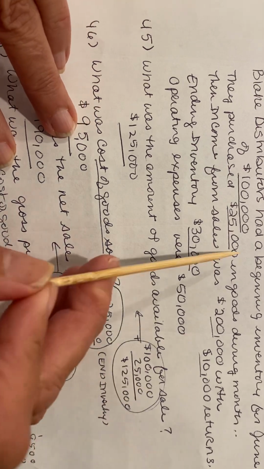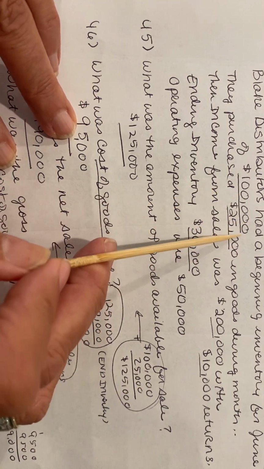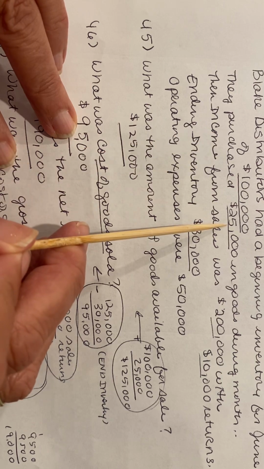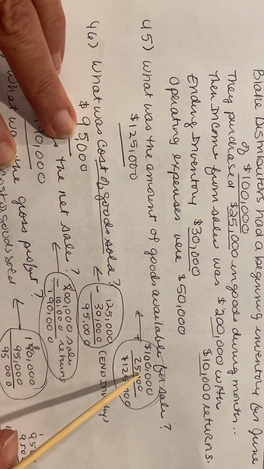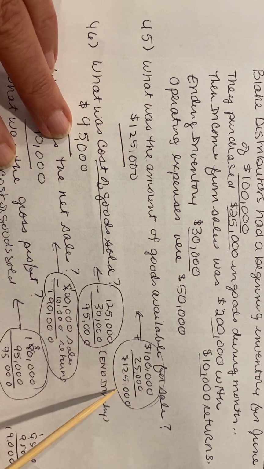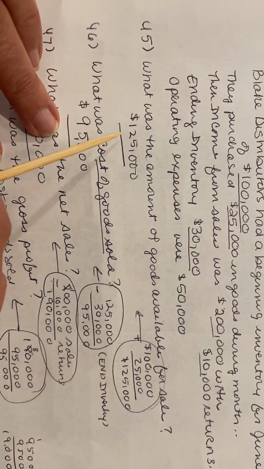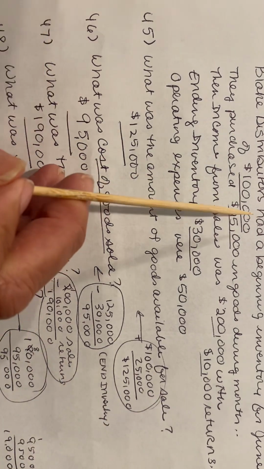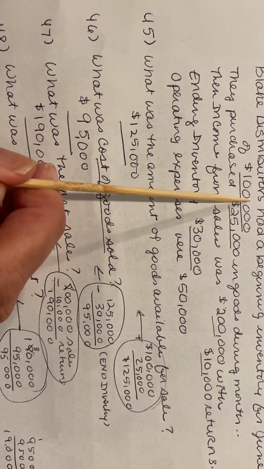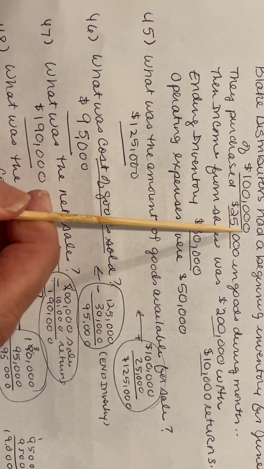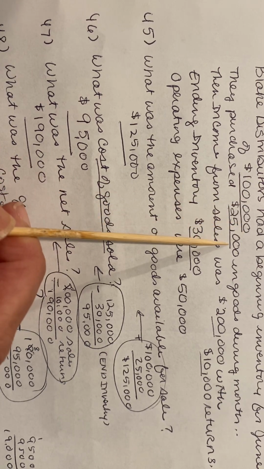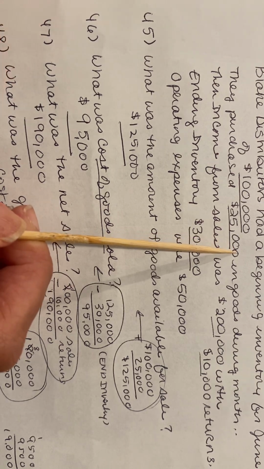And then you had $100,000 worth of goods for sale, but you purchased 25,000 more. So 100,000 plus 25,000 equals 125,000. So put your work here. It's going to be 125,000. Basically, you're just going to go down. You had 100,000 of goods, and then you purchased more. So now you have $125,000 of goods for sale.